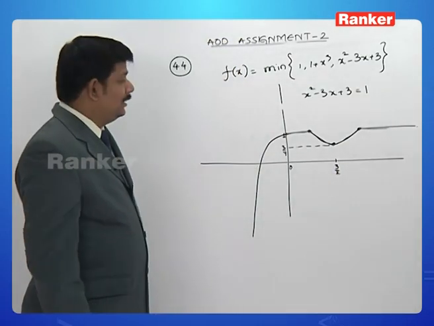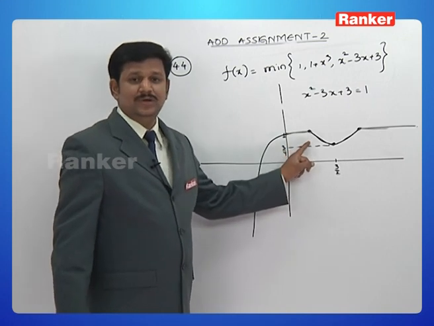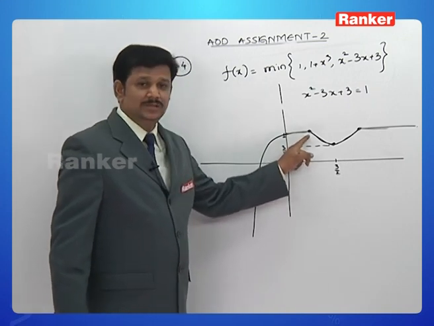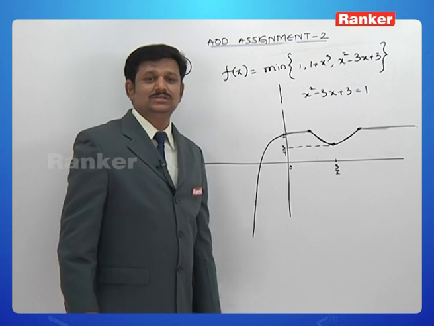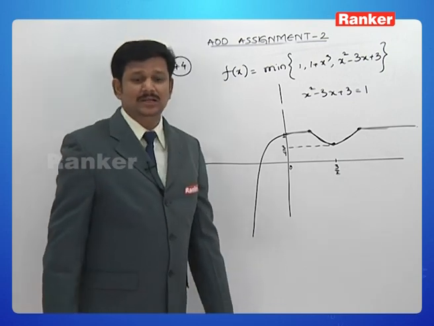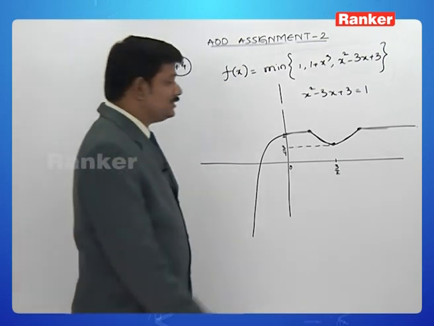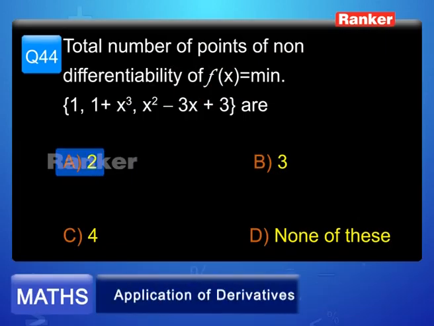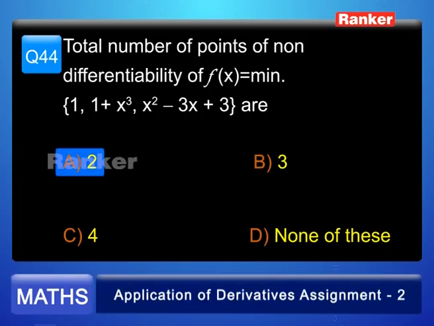The question is, find the total number of points, not the points themselves, at which the function is non-differentiable. The number of points is 2. So, at 2 points the function is not differentiable, and they are the solutions of this equation. So, it is option A.